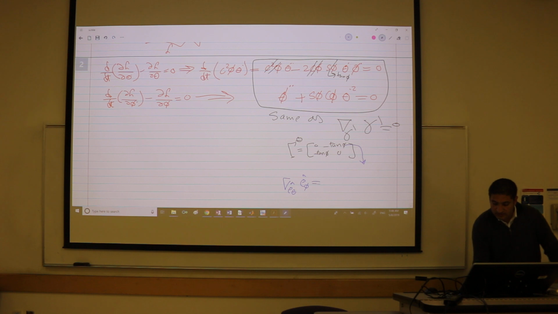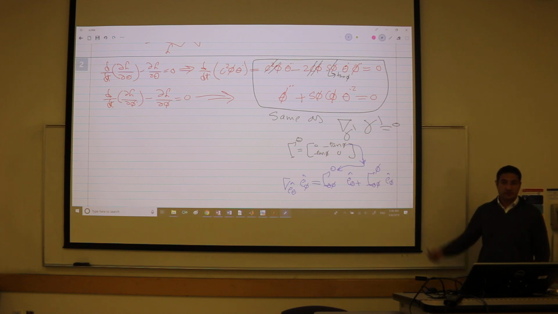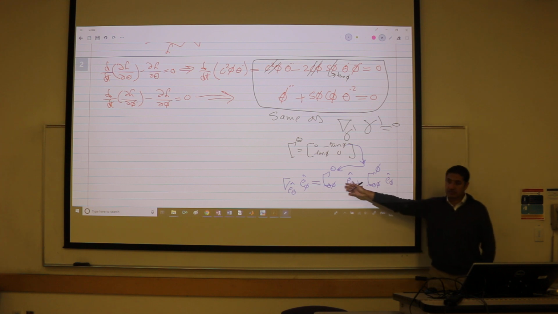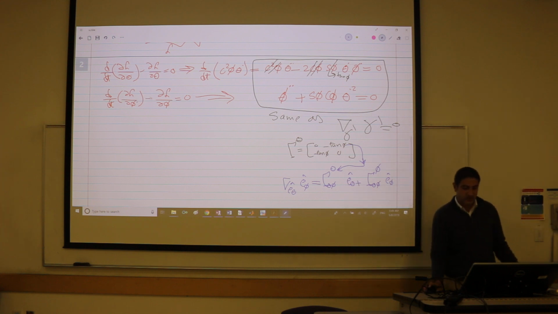So you will get a vector in the tangent space on the sphere that has something in the E theta and something in the E phi direction. This something is gamma theta phi theta, gamma theta phi phi. So try to do this. I'm very bad at computation, but it took like a page and a half or 2 pages to arrive at this. It's quite hard, I mean, it's cumbersome.